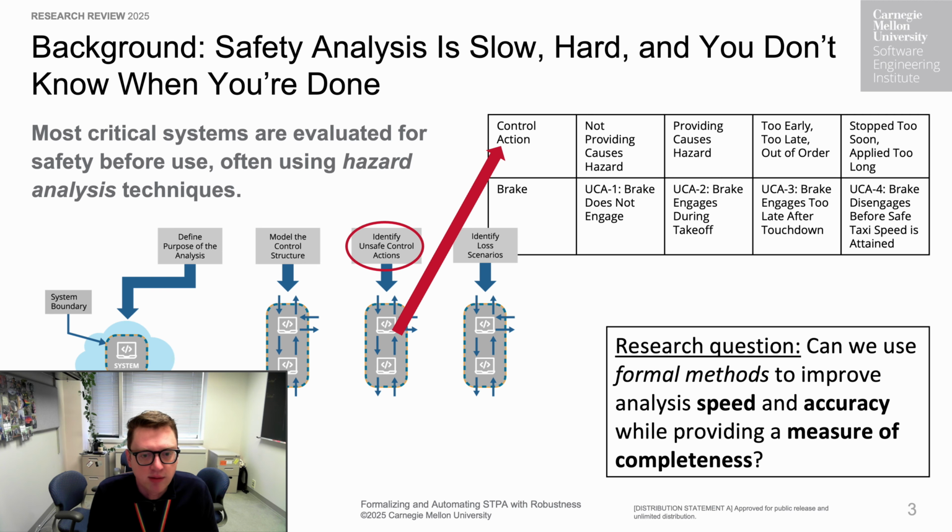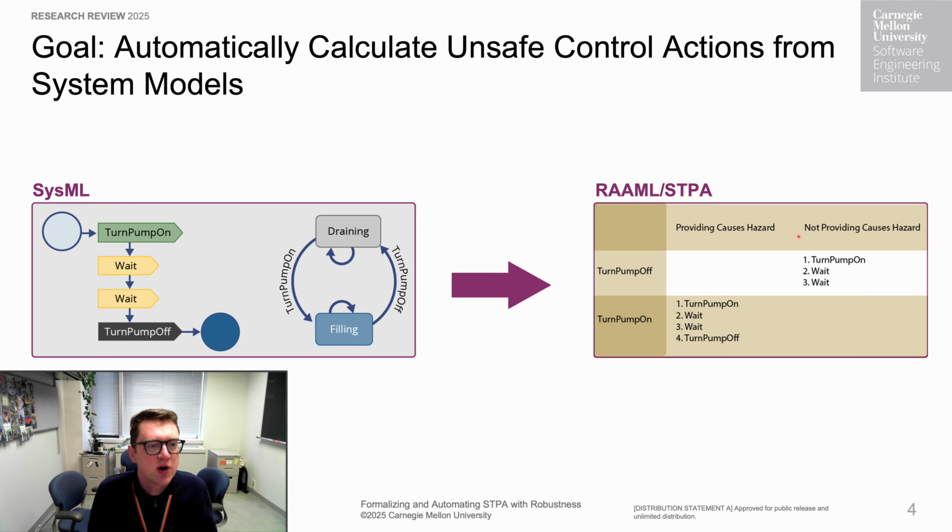And so what I wanted to look at in this project is using what are called formal methods, which are mathematically grounded, precise computer science techniques to improve the speed of this, to improve the accuracy of this, and maybe even provide some sort of confidence to the system analyst that they have found, if not all of the problems, many of the problems, that they have some level of confidence that they have a reasonably complete hazard identification.